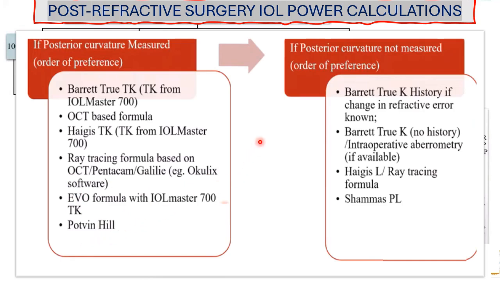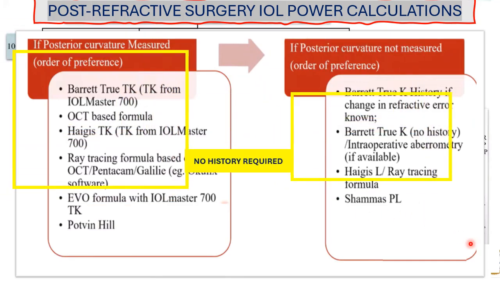Now, if you cannot measure the posterior curvature of the cornea, these are the different formulas that you can use: the Barrett True K with history only of the changes in the refraction after surgery, or Barrett True K without any history, or you can use intraoperative biometry that I will speak about later on, and the Haigis-L formula using ray tracing, and the Shammas formula.